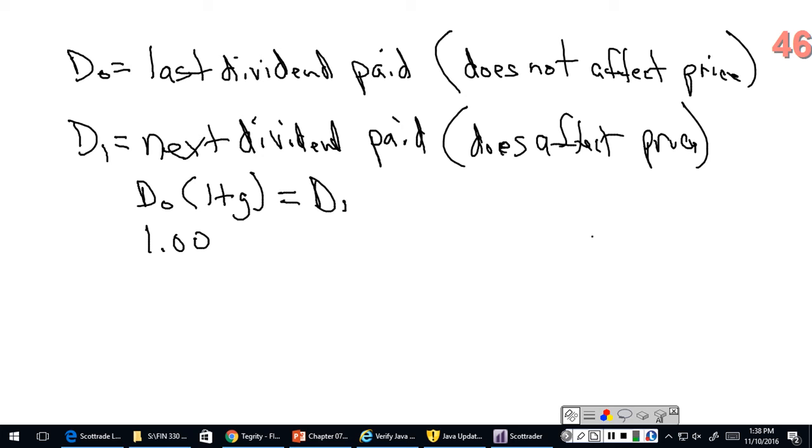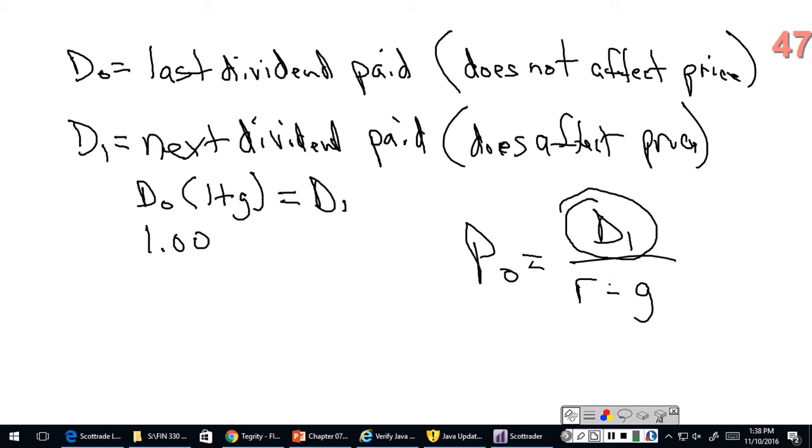Because remember, the formula is the price of the stock equals D1 divided by the required return minus the growth rate. So this is what we need, D1. If you're given D0, you can calculate D1 pretty easily by taking the last dividend paid and multiplying it by 1 plus the growth rate. Let's say the growth rate is 8%. I'm just making this number up. So D1 is going to be $1.08.